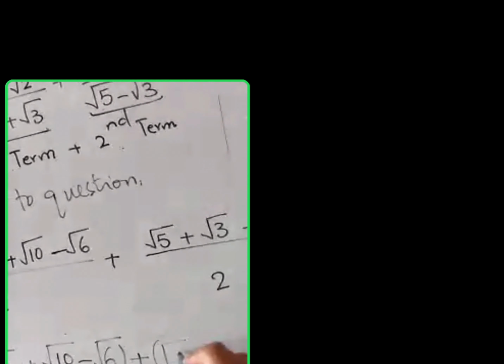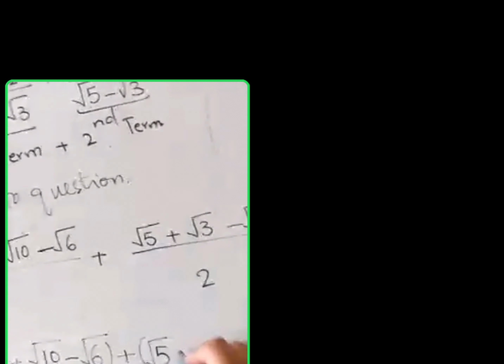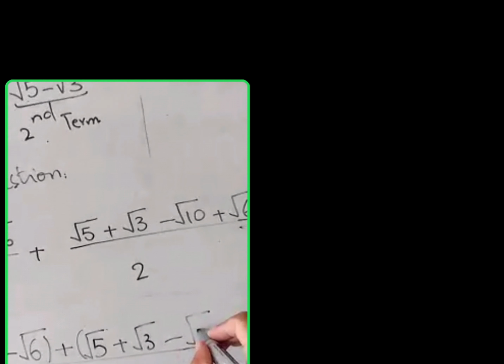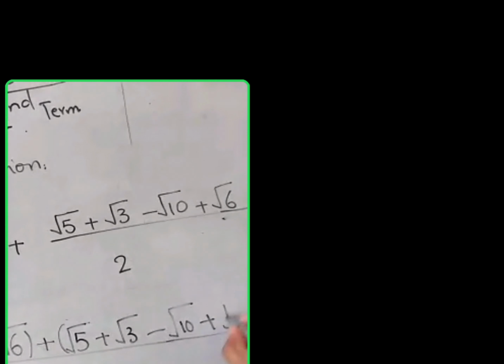Write all the terms in the bracket so that you know here we have to open the bracket in the next step. Then this is square root 5, then plus square root 3 minus square root 10 plus square root 6, again bracket.